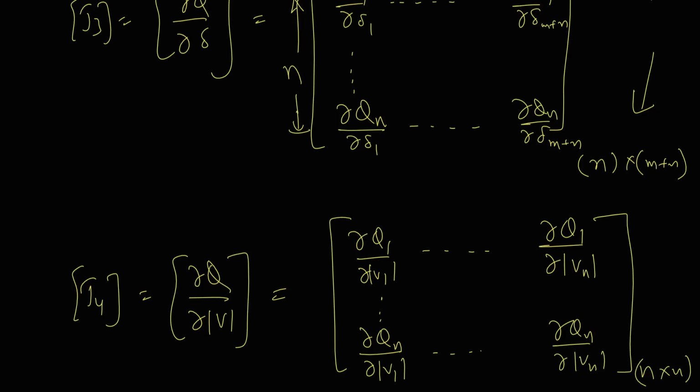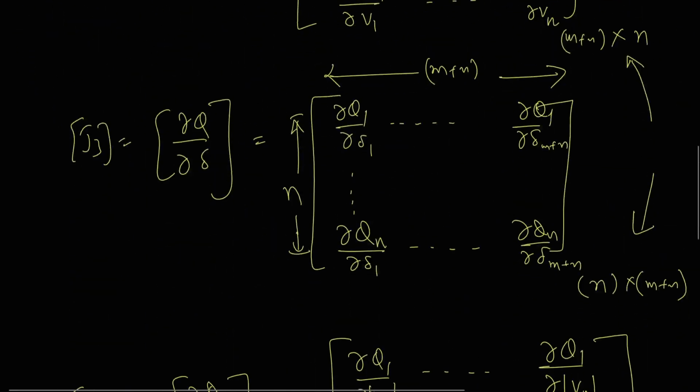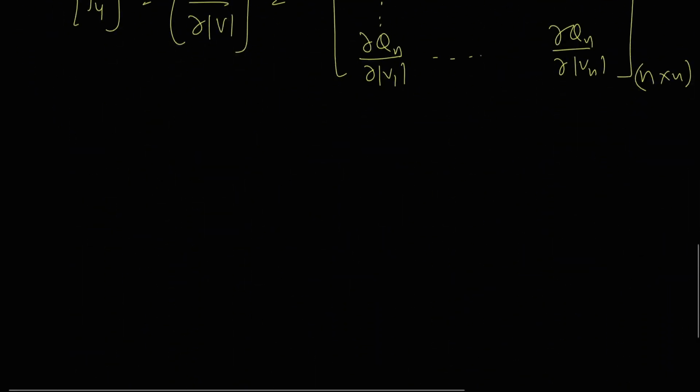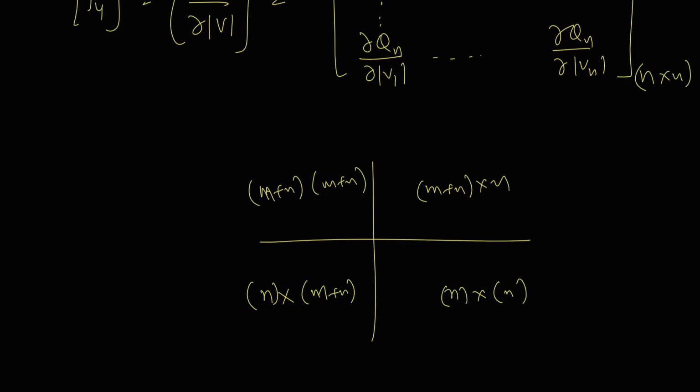Now you have the sizes of these four matrices. The first one is m plus n by m plus n, the second is m plus n by n, the third is n by m plus n, and the fourth is n by n. So this is J1, J2, J3 and J4.